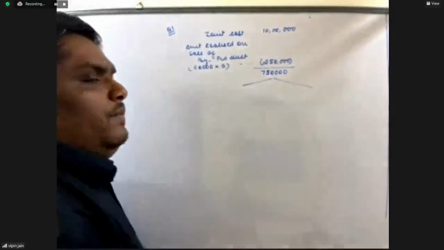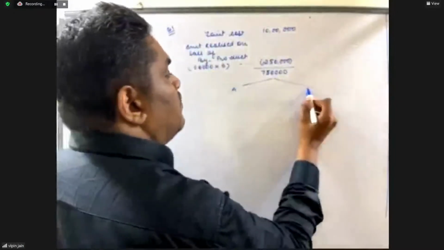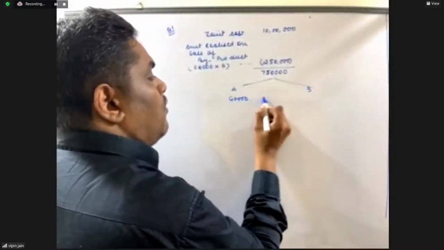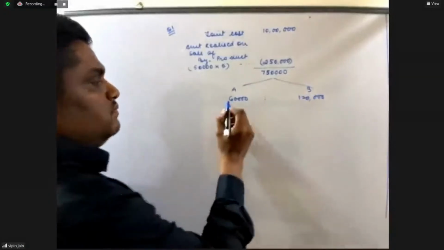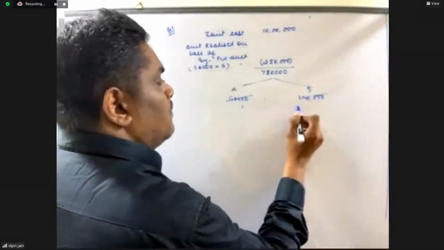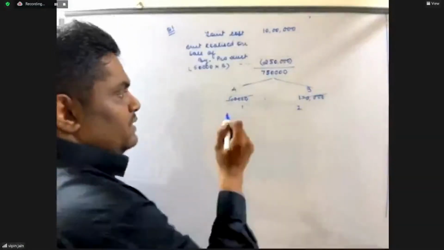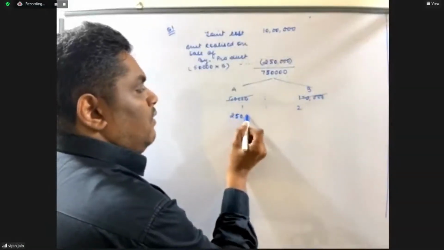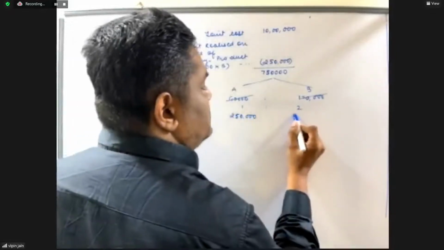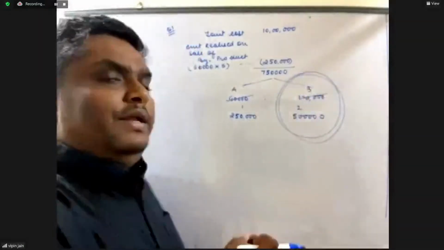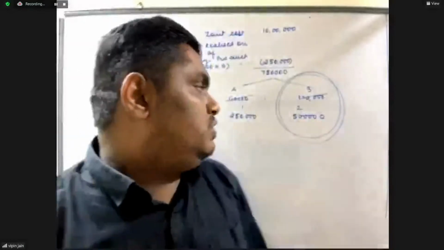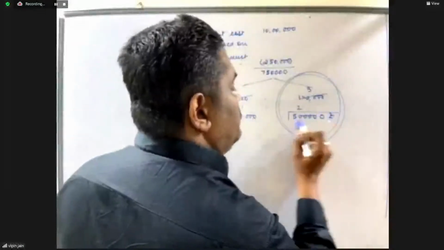It is to be distributed among A and B in the ratio of 60:120, or we can say 1:2. So this will be 2,50,000 and this will be 5 lakh rupees. And the question asks us to calculate how much cost will be distributed to B. So in short, rupees 5 lakh will be distributed to B.